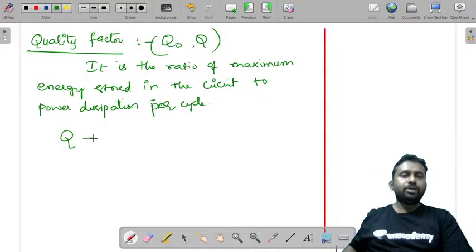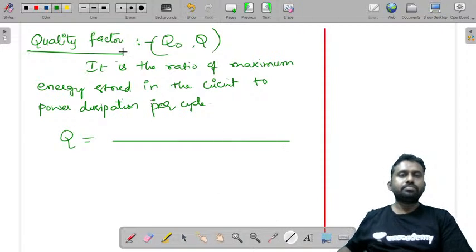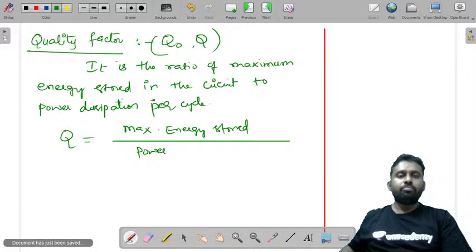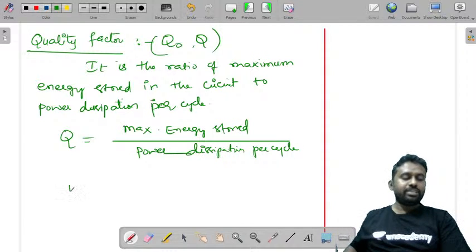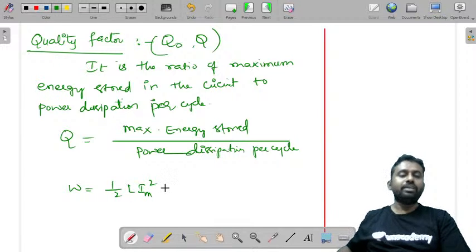So Q is the ratio of maximum energy stored in a circuit to the power dissipation per cycle. Now the maximum energy stored is given by W is equal to half L I square, or L into I maximum square. This is the maximum energy.